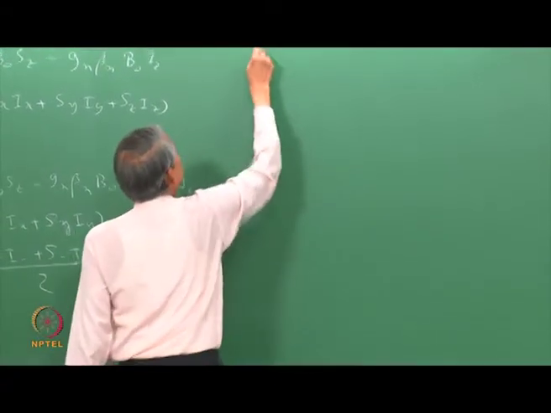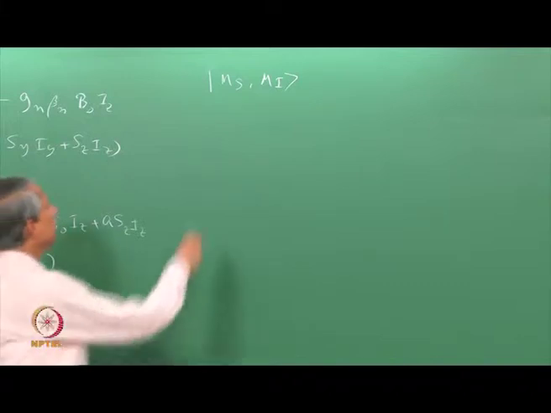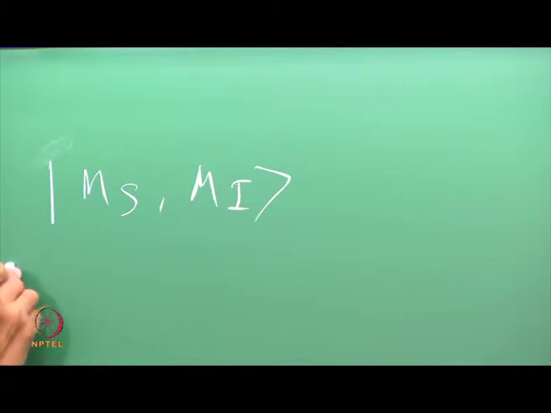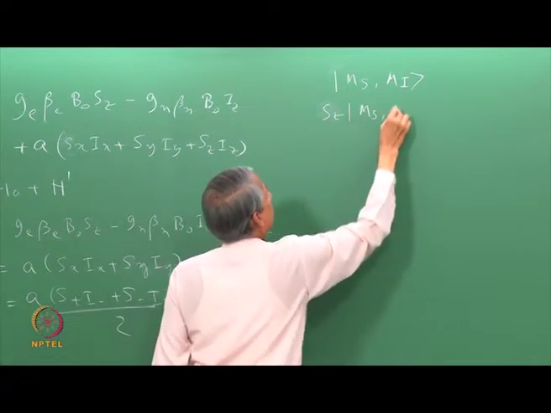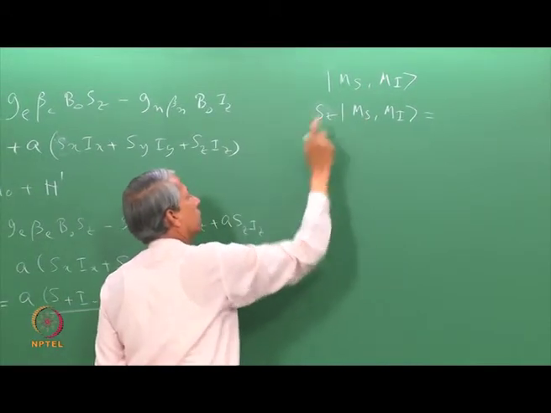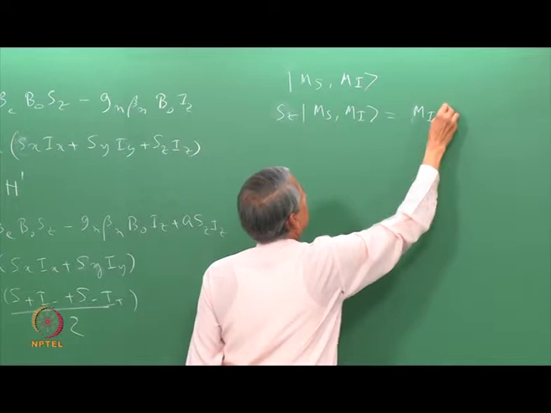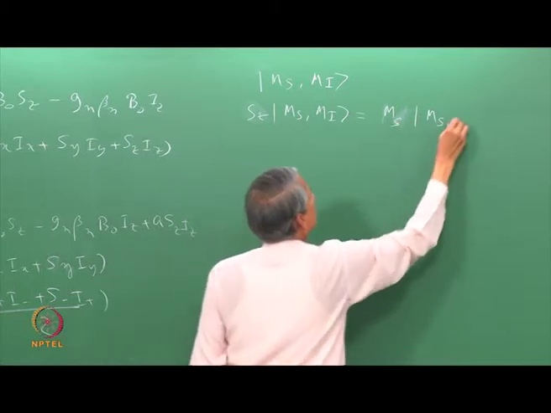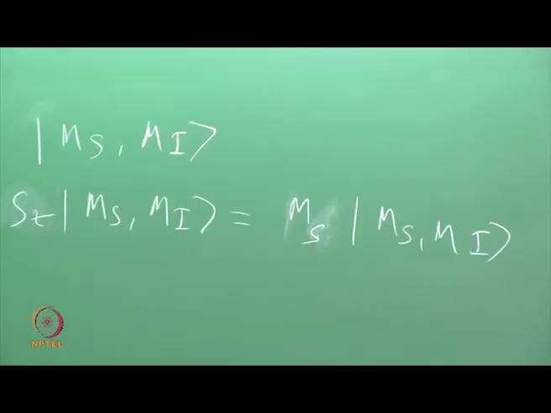Symbolically we write them as ms comma mi, and without knowing their explicit form we can use the property that when Sz operates on this one, it will give me ms, the electron spin component of the quantum number.